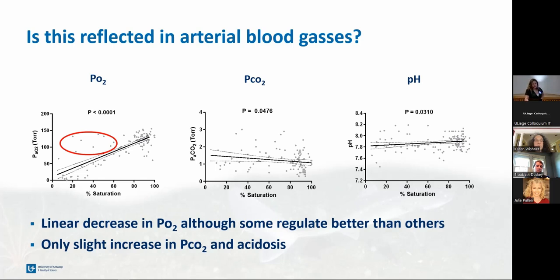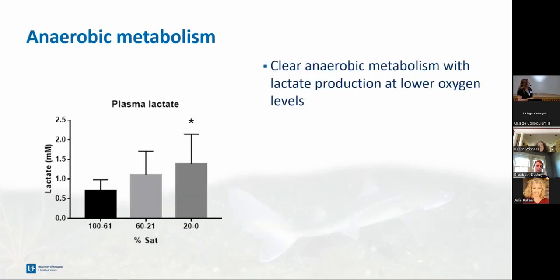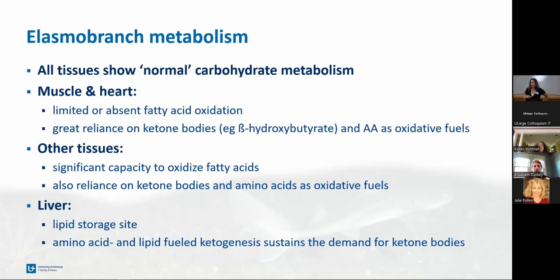We looked at anaerobic metabolism as well, because you would expect this to kick in. And yes, indeed, at the lowest oxygen levels, so below the critical point, we see significant lactate accumulation. But elasmobranchs in general, and these dogfish as well, have very peculiar energy metabolisms.